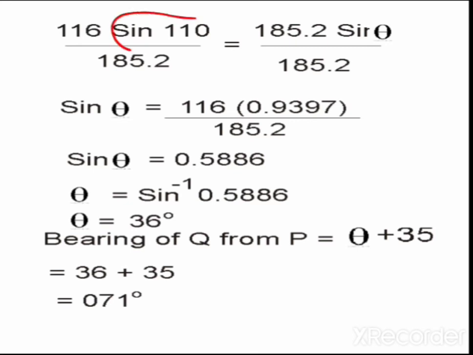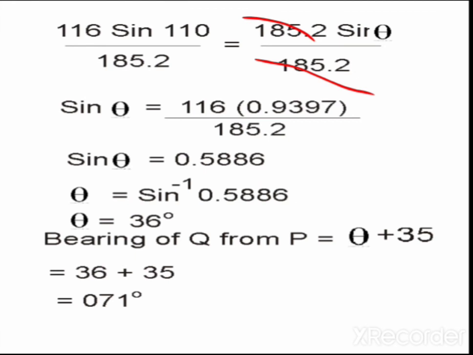So sin 110 is 0.9397 times 116 divided by 185.2. Then 185.2 cancels 185.2. What we have left is sin theta. So sin theta is equal to this.